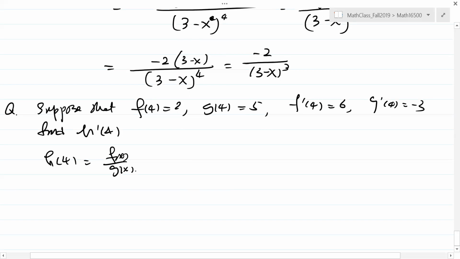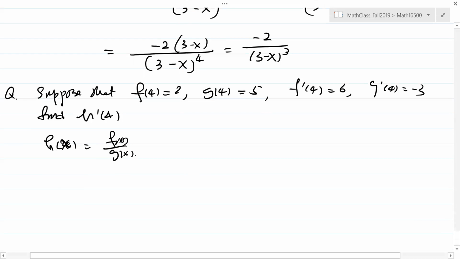So h of x is given, right? So we want to find out the derivative of h at 4. But we're not given a specific formula for f and g. So you have to write down the formula first.